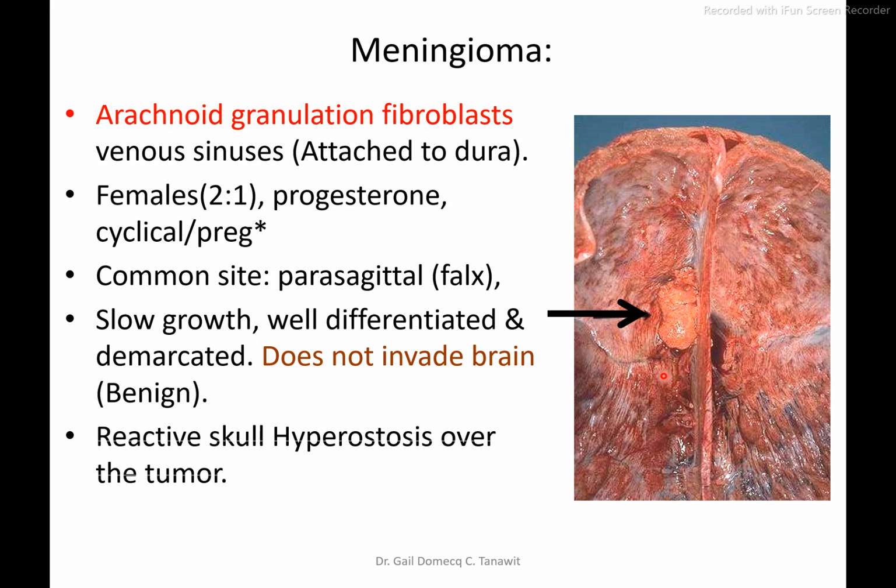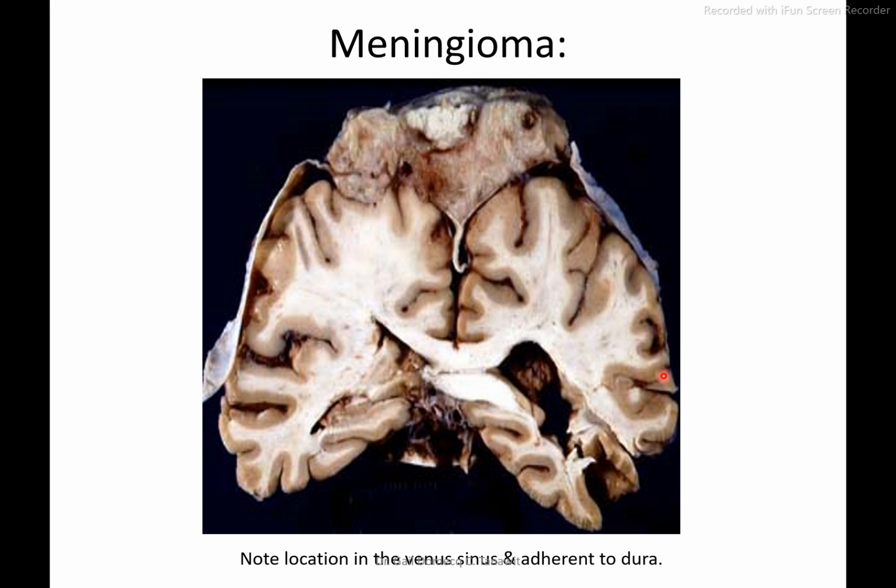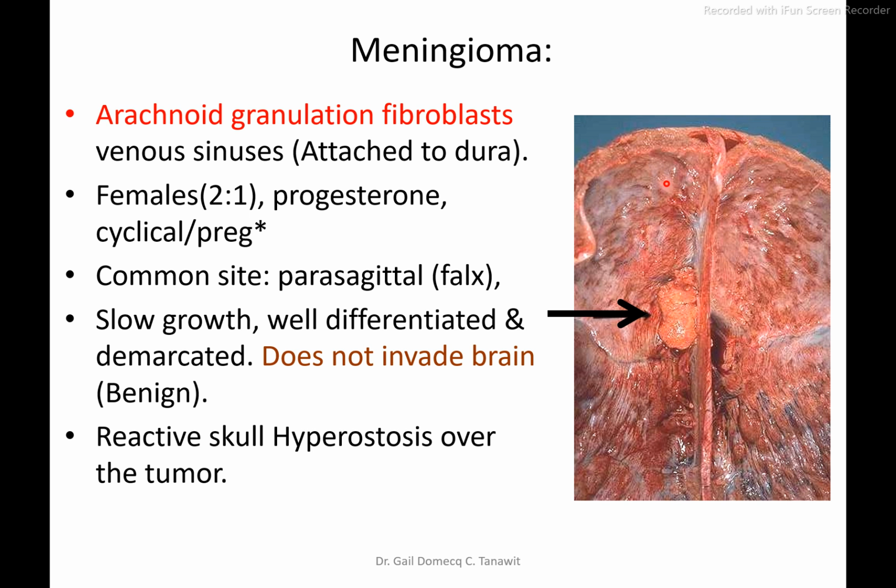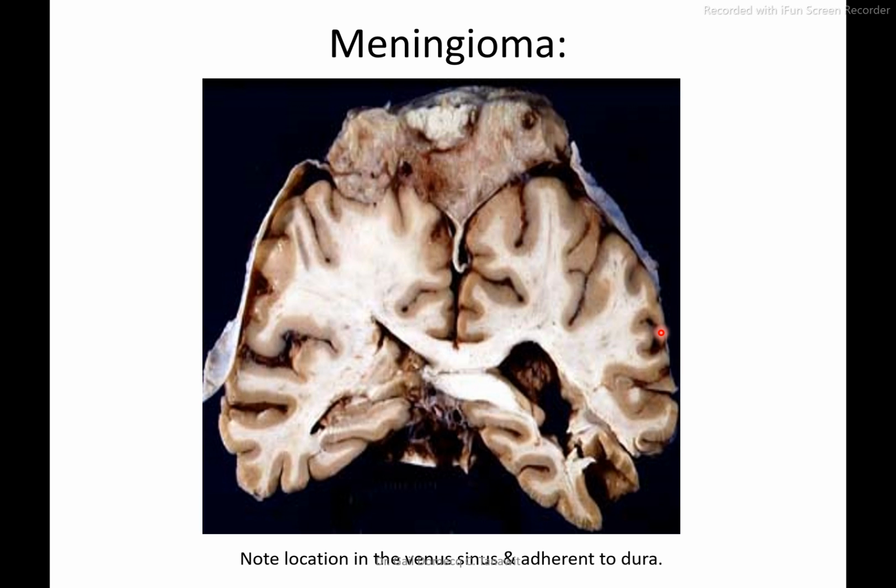So this is a gross picture. Or sorry, we also have a reactive scalp: hyperostosis over the tumor, or bulging. So this is a gross picture of the meningioma. Note the location in the venous sinuses and the lesions adherent to the dura. So we just remove this, and the patient will be able to survive longer.